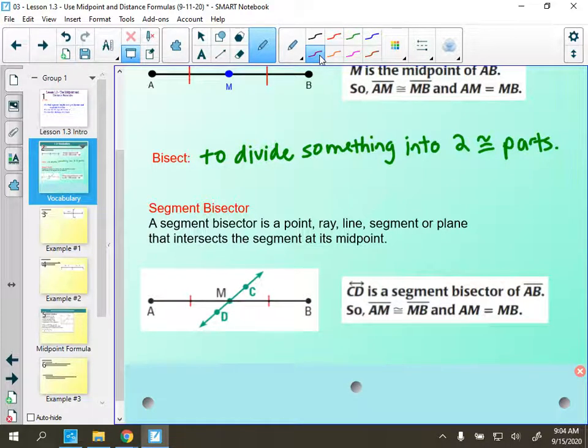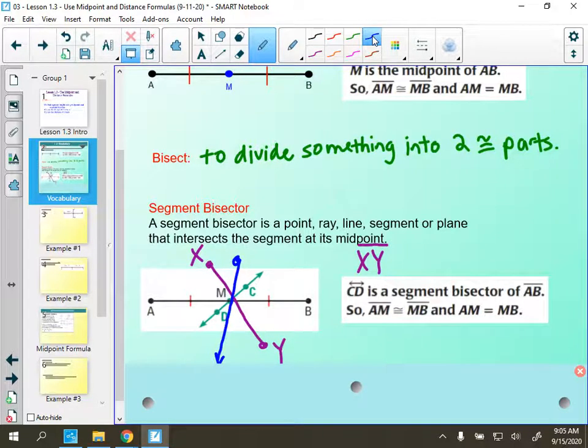We could sit here all day and say, all right, whoops, kind of missed my midpoint there. But I've got another segment, maybe XY, that passes through that midpoint, if I was able to draw accurately through that midpoint. So we could say segment XY now is a segment bisector because it passes through that midpoint. Let's just add one more here, like a ray. Let's see if we can hit it that time.